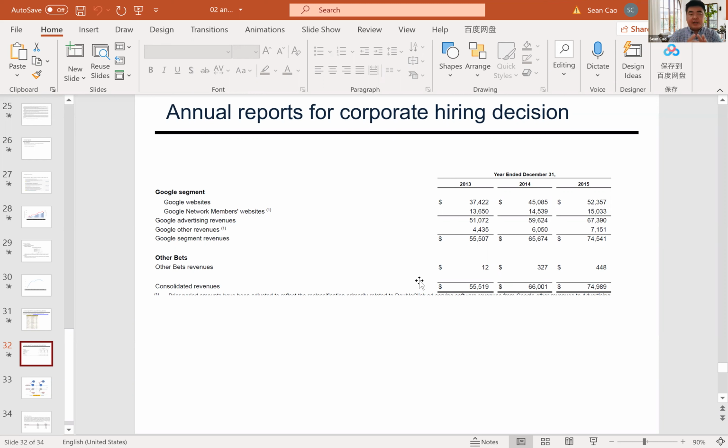So basically, the idea here is before 1998, because the annual report only reports aggregate performance for the CEO, the hiring firm can only get the CEO's overall performance.